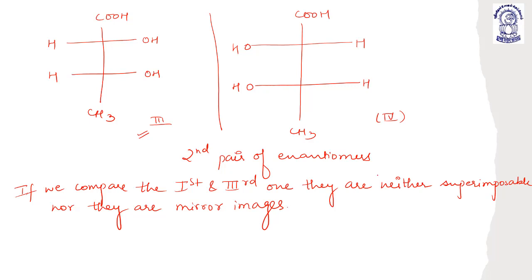So that is why in the definition I have mentioned that they are non-superimposable, but they are not mirror images. And these non-superimposable non-mirror images are known as what? Diastereomers. First and fourth are also diastereomers. As second and third and second and fourth. They are also diastereomers.